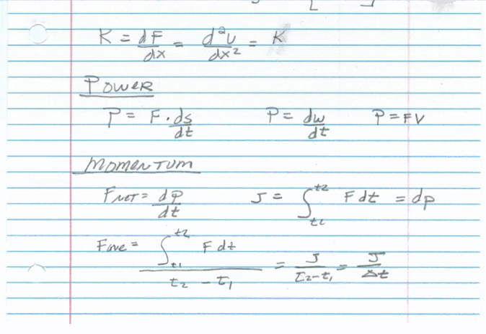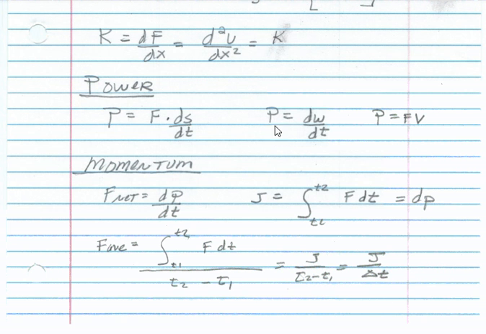Now, what about power? Power is going to equal force times ds/dt. What does this mean? It's how quickly work can get done. So again, power is force times ds/dt, or power equals the derivative of work with respect to time. It's really how quickly work can get done. And power can also be force times velocity.